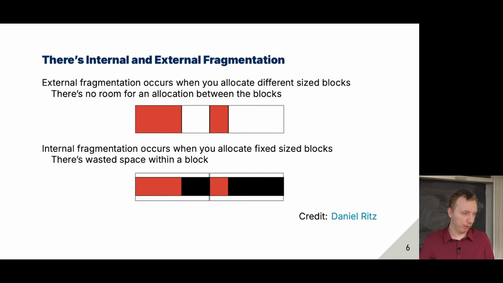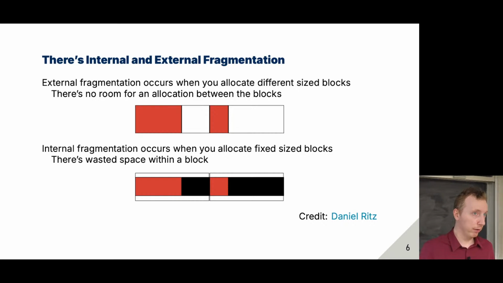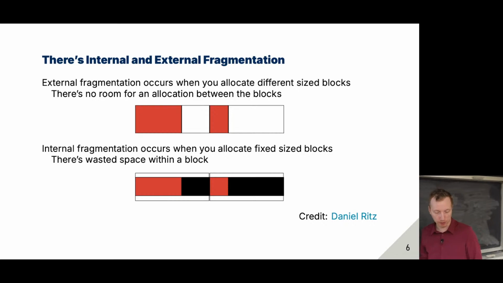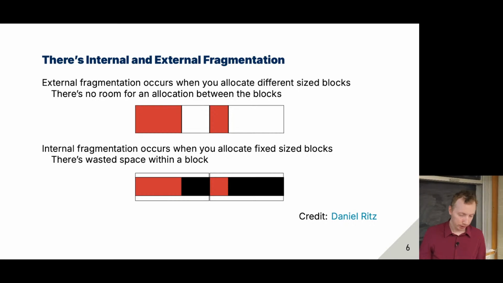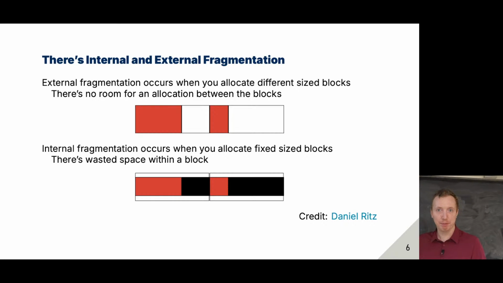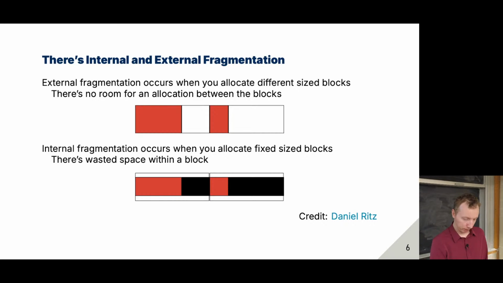Just because you're not using them does not mean they're considered fragmentation. So as long as I could use them for useful things, then they're not considered fragmentation. So just having a too large array, yeah, you might be wasting space because you don't need it yet, but in terms of the memory allocator, it wouldn't be considered fragmentation.